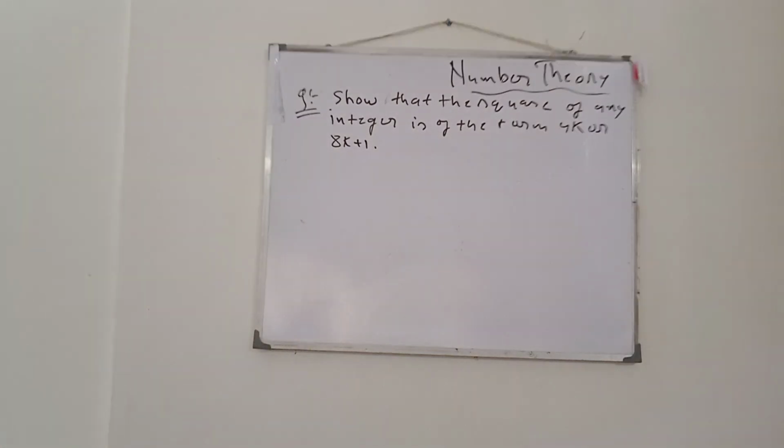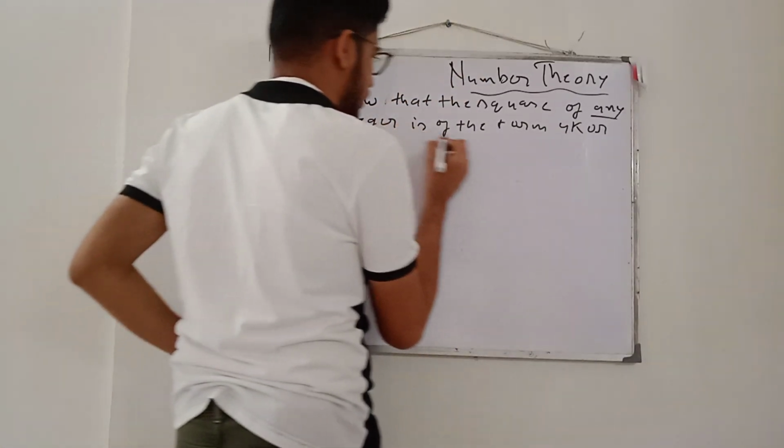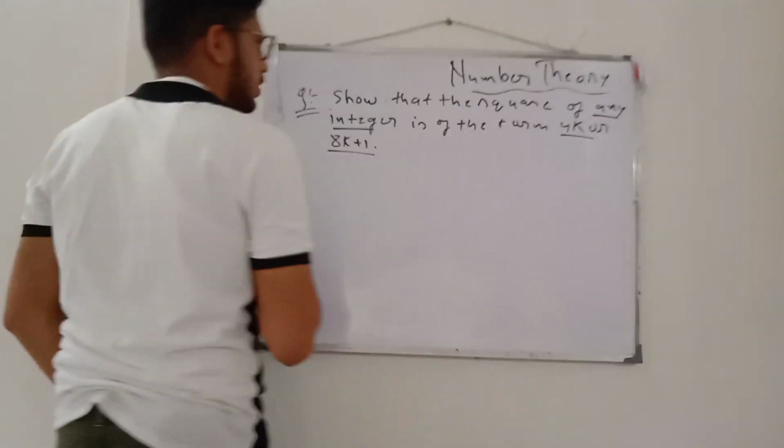Show that the square of any integer is of the form 4k or 8k plus 1. Okay, we have to show.